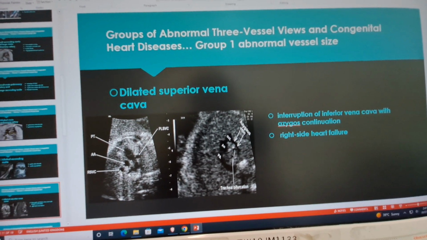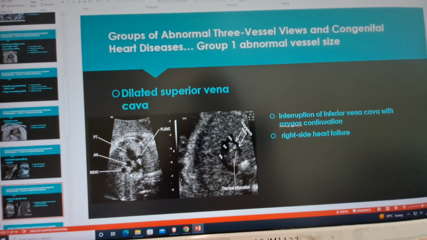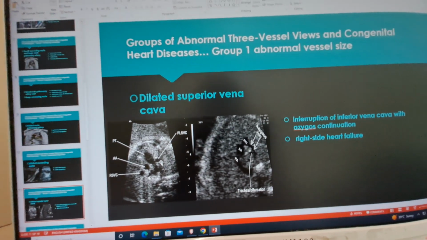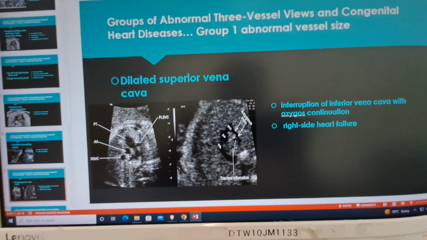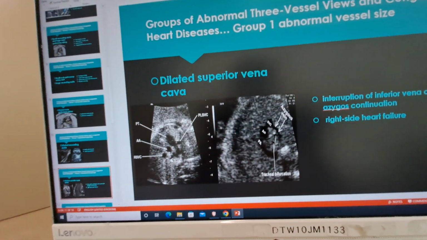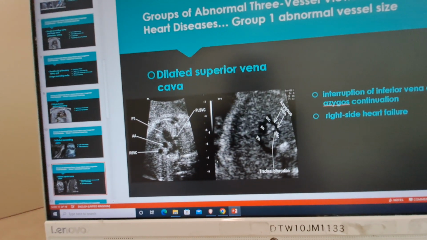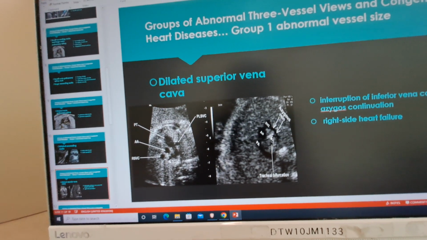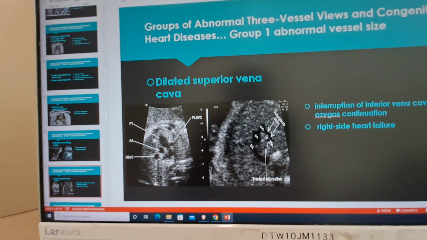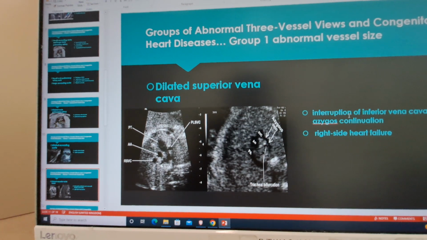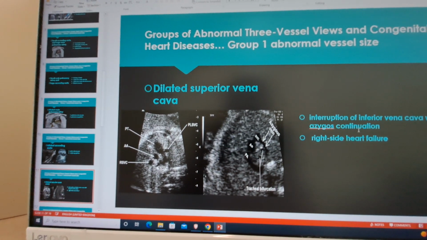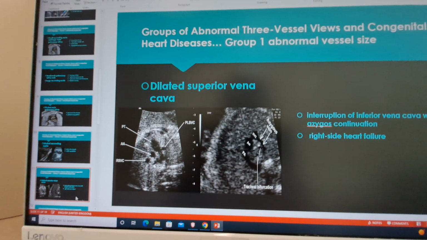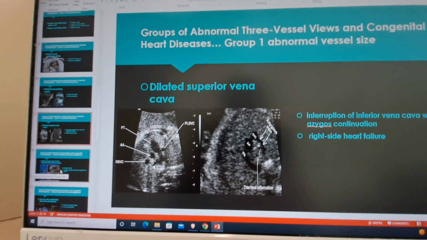You see here the superior vena cava, aorta and pulmonary artery, but here is an extra branch. So this is also persistent, or maybe we find some extra vessels, like an extra branch or azygous vein, which is also an extra branch of the superior vena cava. The interruption of the inferior vena cava with azygous continuation or right-sided heart failure is a diagnosis.